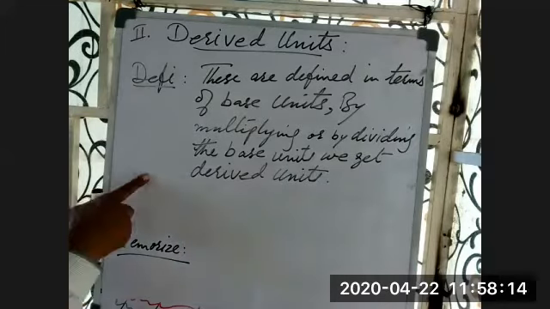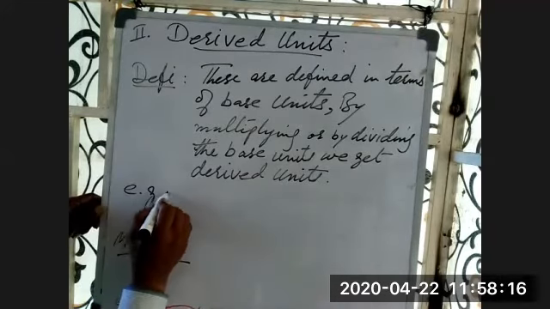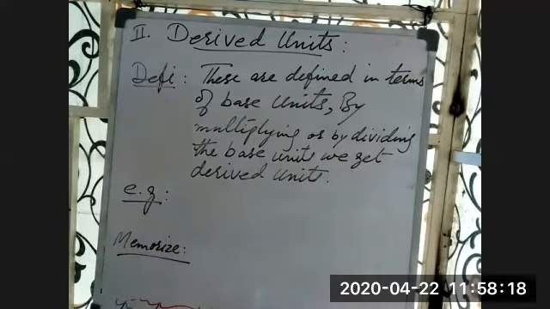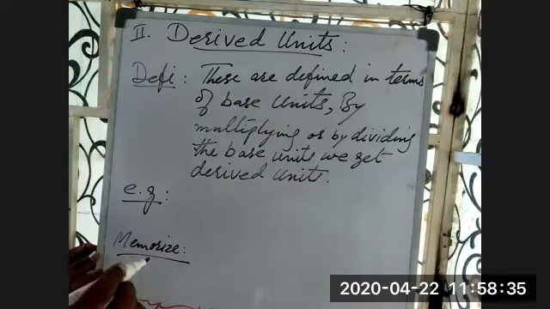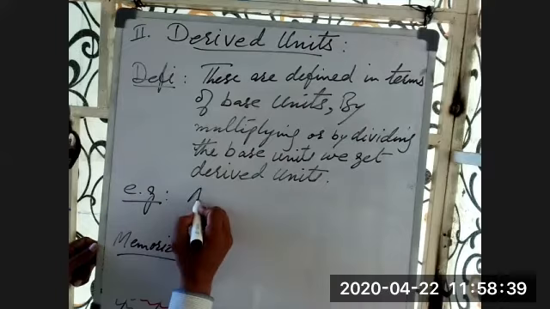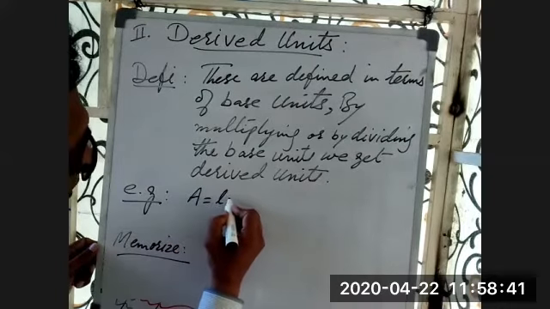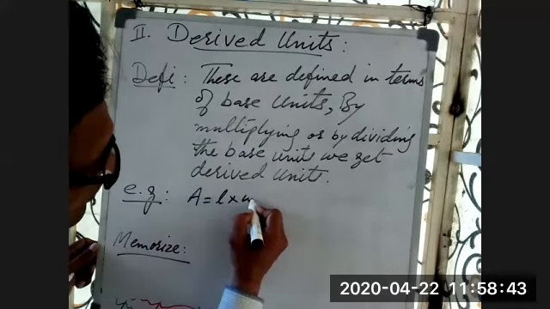For example, we know about area. How will we make the derived unit of area from its base units? For it, we must know the formulas. We know area is equal to length into width.